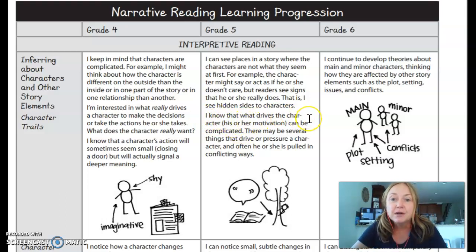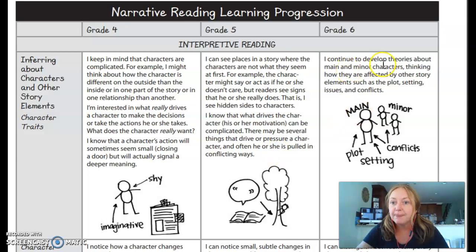I know that what drives the character, his or her motivation, can be complicated. There may be several things that drive or pressure a character, and often he or she is pulled in conflicting ways. That means the character doesn't know what to do. Now that's grade 5. I think we should look at grade 6 because you are so close to being in 6th grade.